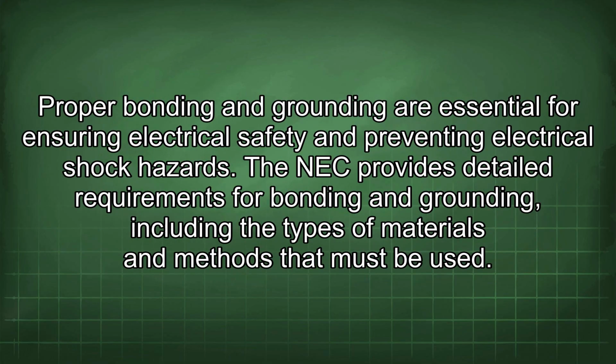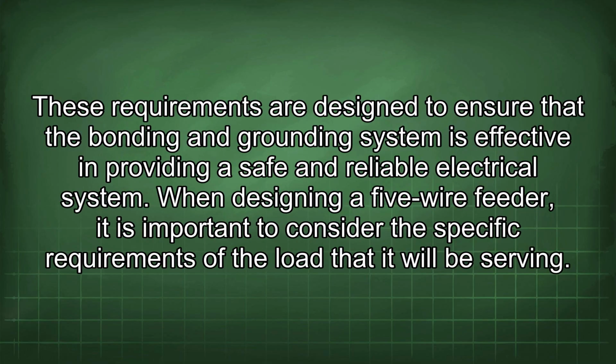Proper bonding and grounding are essential for ensuring electrical safety and preventing electrical shock hazards. The NEC provides detailed requirements for bonding and grounding, including the types of materials and methods that must be used. These requirements are designed to ensure that the bonding and grounding system is effective in providing a safe and reliable electrical system.